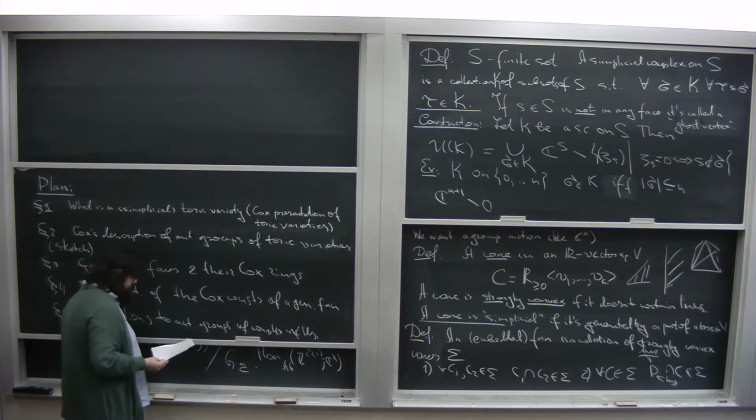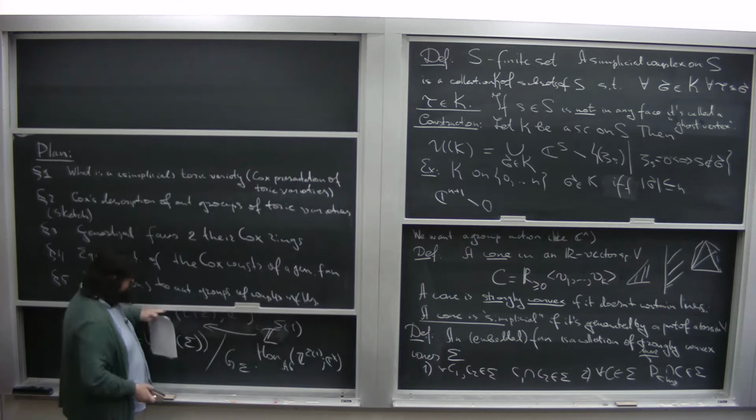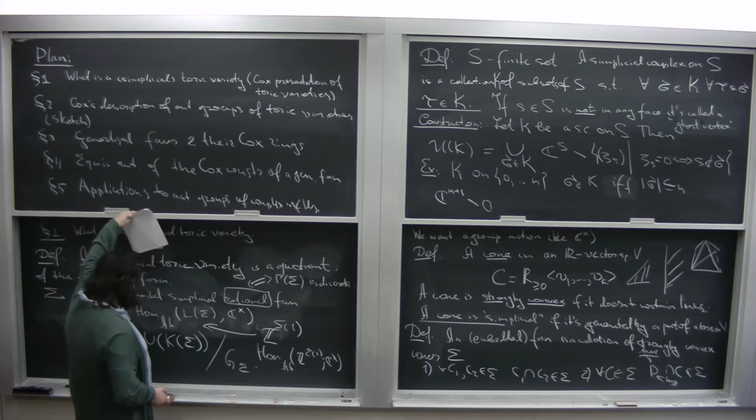So now let me move on to the second part, i.e. the description of automorphisms of complete simplicial toric varieties.